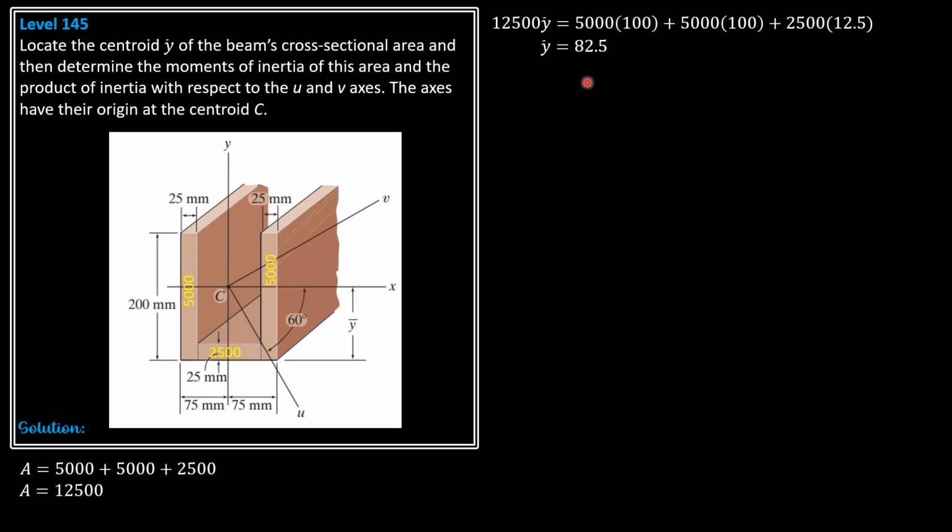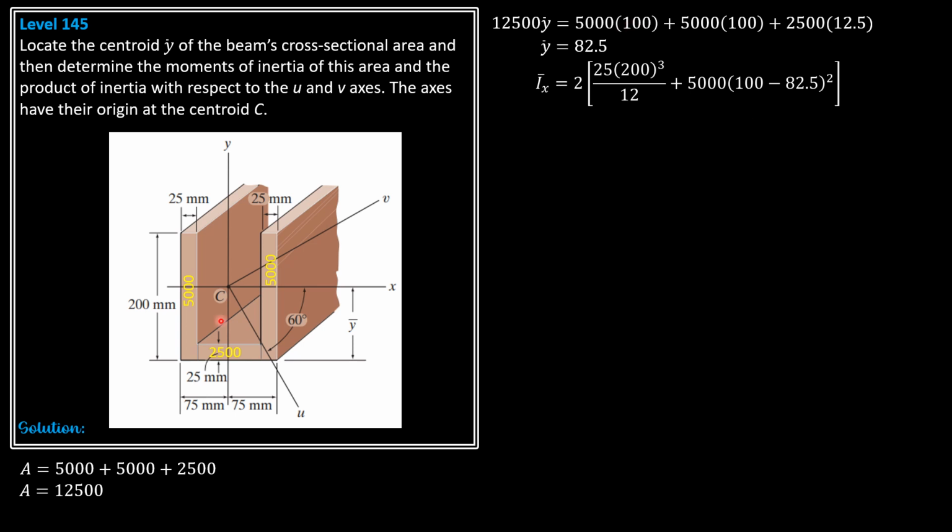Then, by the way, 2θ is 2 times negative 60, which is negative 120. So Īx is 2 times 25 times 100 cubed over 12 plus area 5000 times the quantity 100 minus 82.5 squared.